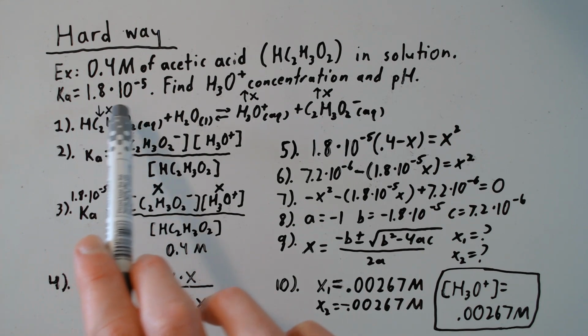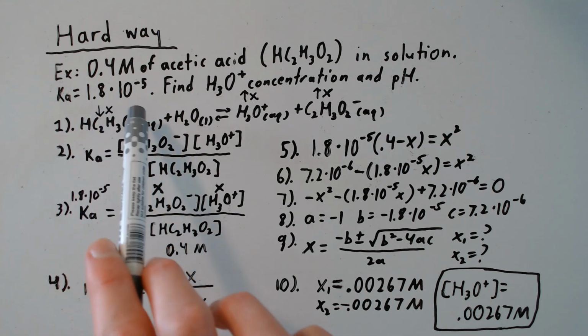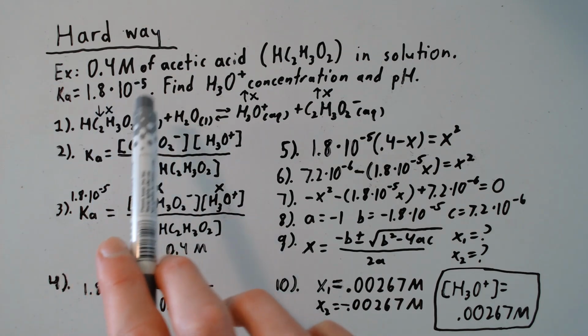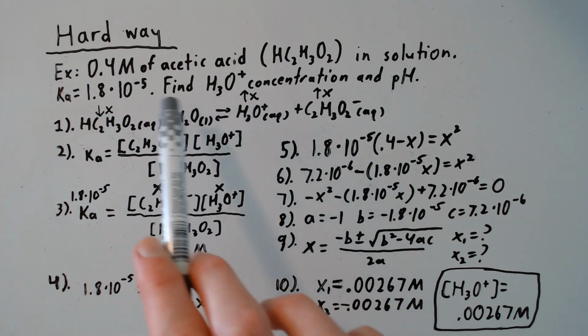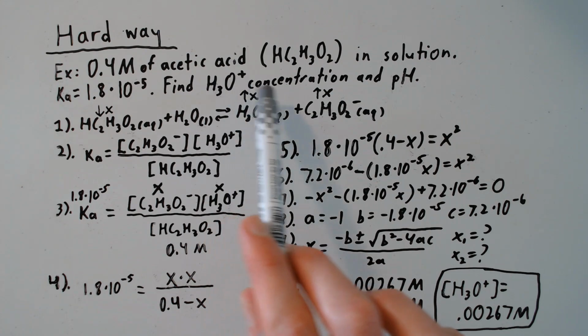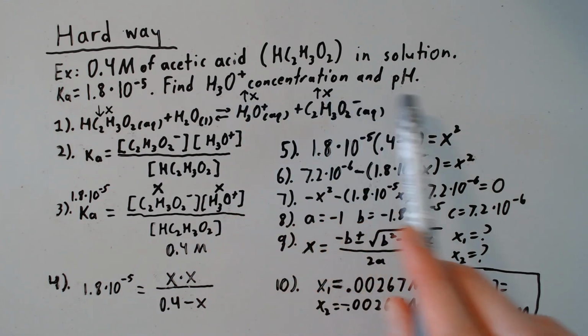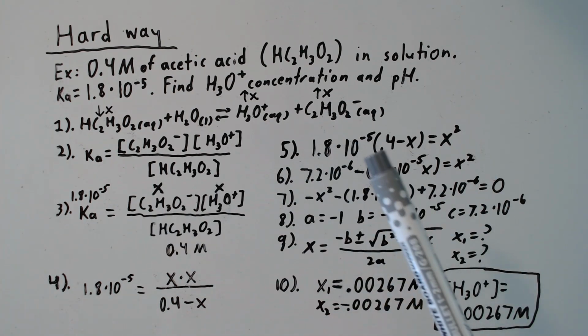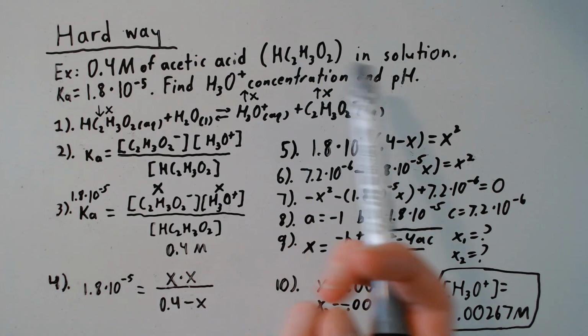The Ka for this acid, its acid dissociation constant, is 1.8 times 10 to the negative fifth. And we need to find the H3O+ concentration first, and then the pH. So to solve this problem, we have to know first what actually happens when acetic acid dissolves.